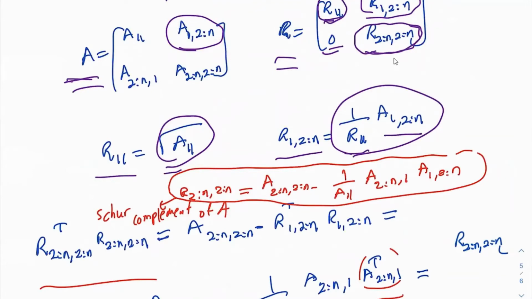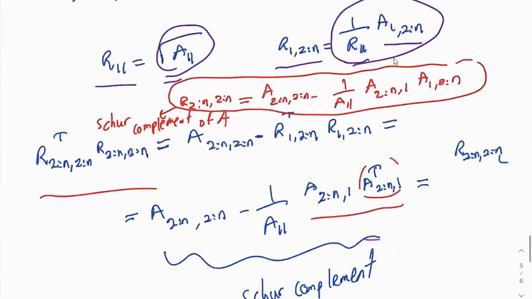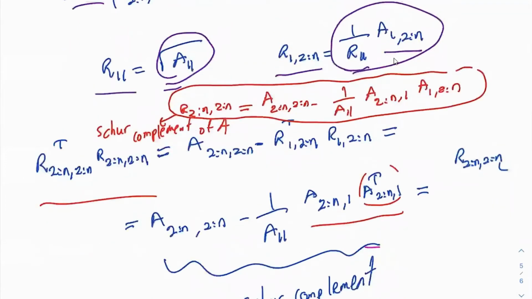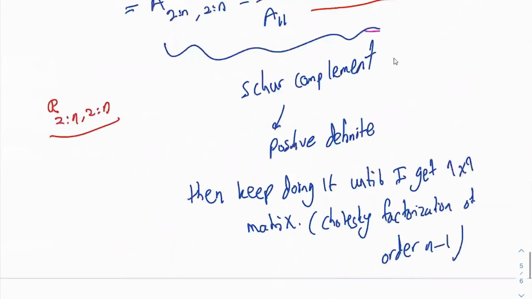Now wait. So we get this R2 to n, right? And we go ahead and apply the Cholesky factorization iteratively on this. Why? Because the Schur complement is always positive definite. So this R2 to n will be our new matrix A, of which we calculate the Cholesky factorization, right? Then keep doing this until we get a 1 by 1 matrix.